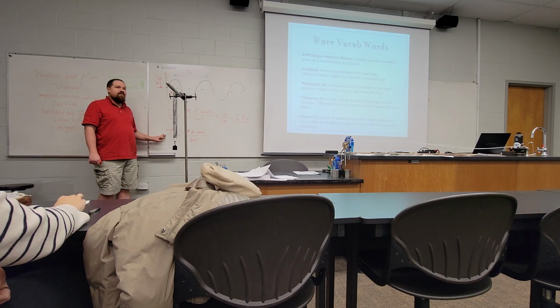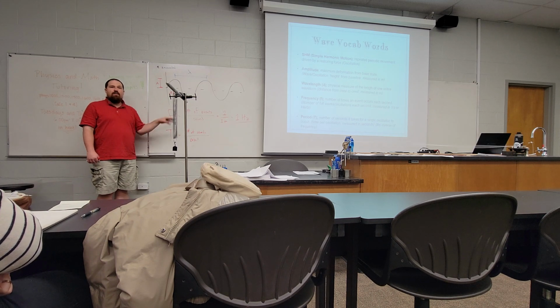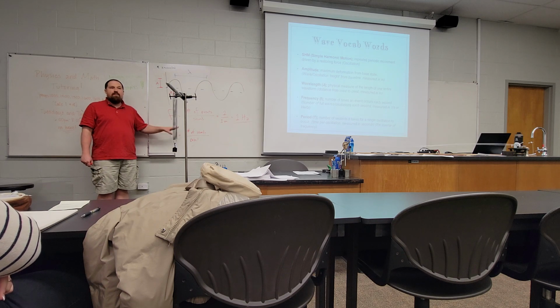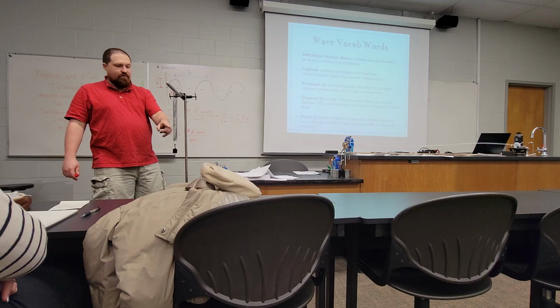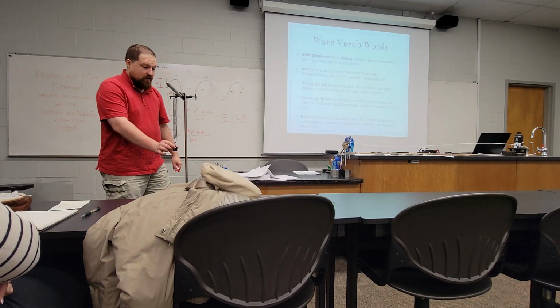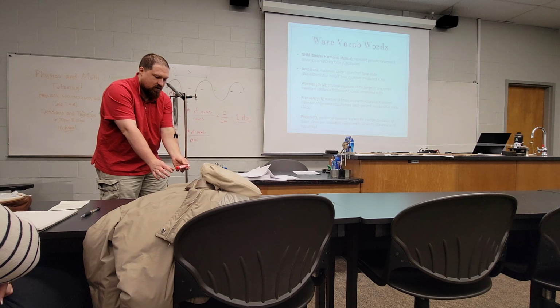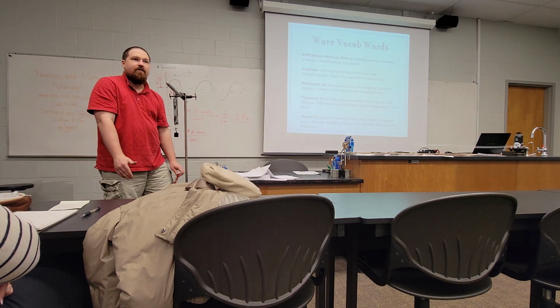And that's why the variable for it is uppercase T. Lowercase t is general time, uppercase T is specifically how long does it take this thing to happen one time. In the case of this pendulum, this spring, the period of oscillation would be the time it takes to go from here back down. So the time of one full cycle.